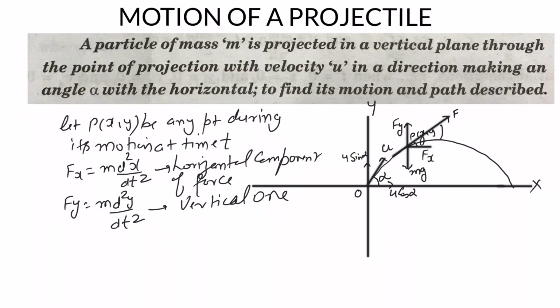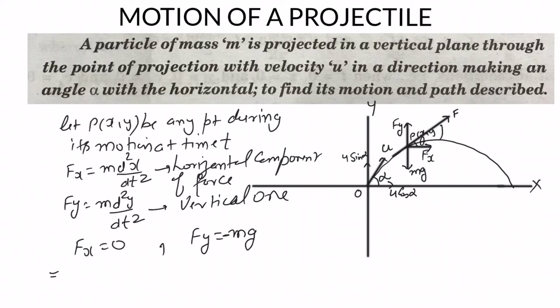What will be the equation of motion for this projectile? The horizontal force is 0, so F_x will be 0, and F_y is equal to minus mg, for the downward direction.